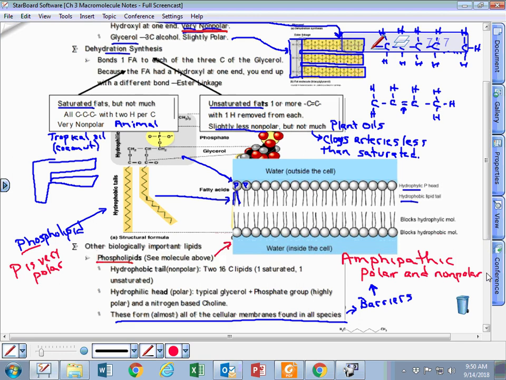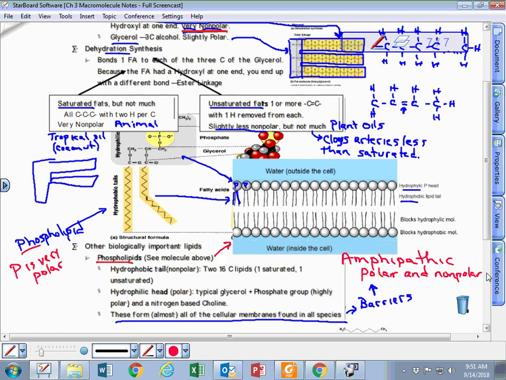If you made cell membranes out of carbohydrates, they would dissolve. If you made them out of protein, they would dissolve. If you make them out of this, the water can't dissolve it because the middle doesn't want anything to do with water and it sticks together. You could do that with something that's totally non-polar, but it would hate water all the time.